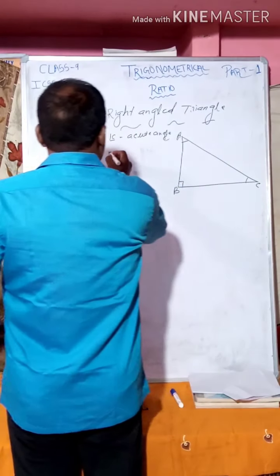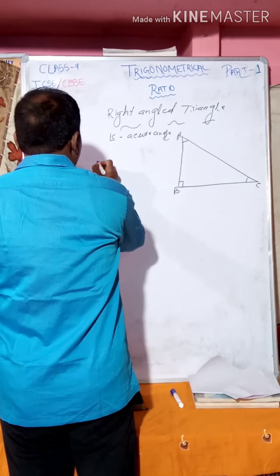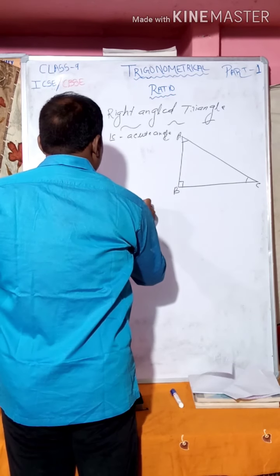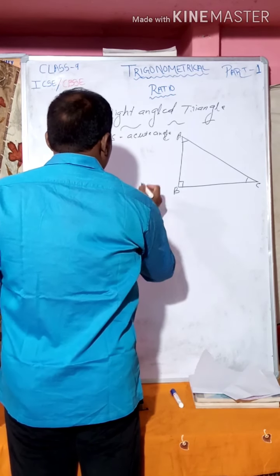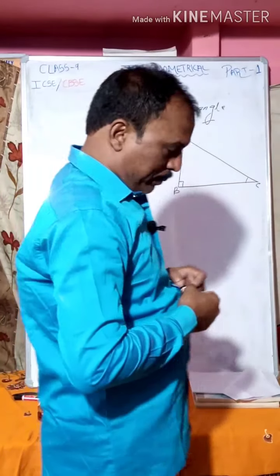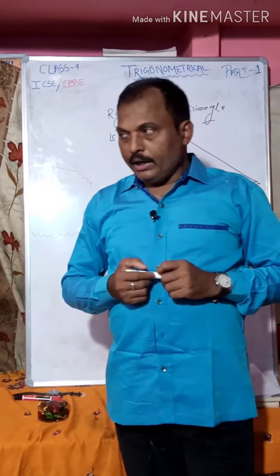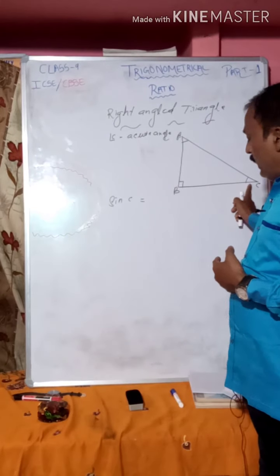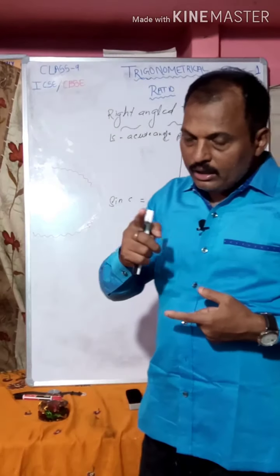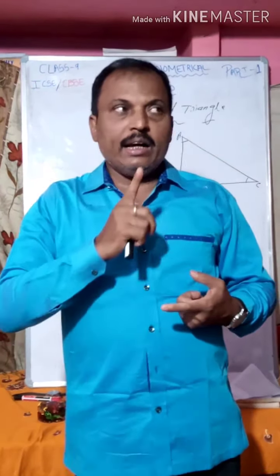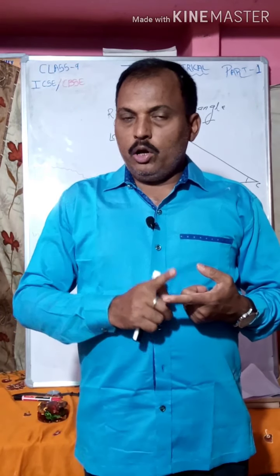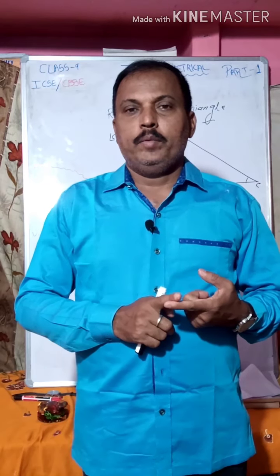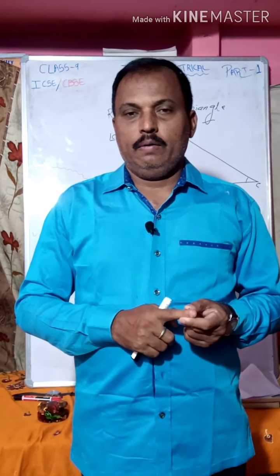So take C, first sine C. Try to understand, try to remember. Sine C: take the angle other than the right angle as the indicator angle, the opposite side of that angle is the perpendicular.